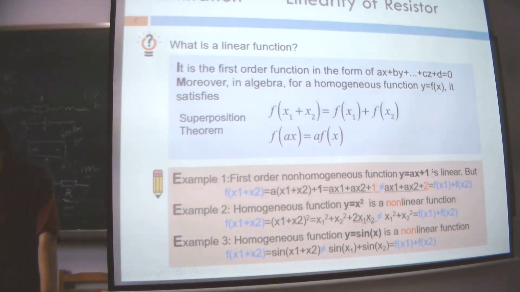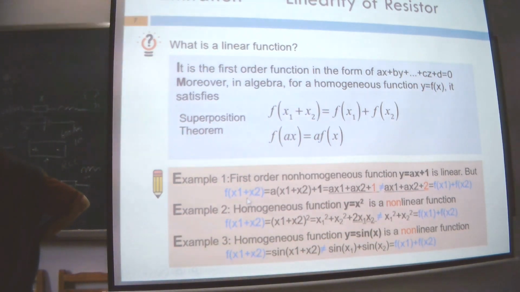So look at this example. First order non-homogeneous function, y equals ax plus 1. Is it linear?